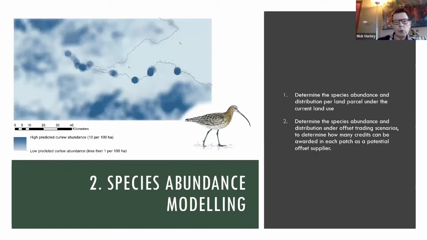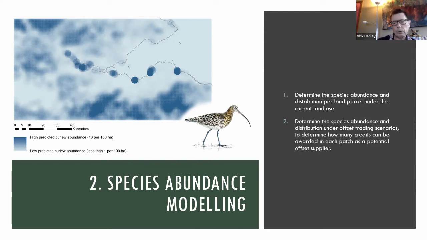The ecological model we're using, and I'll come back to the data sets in a minute, is basically saying, how does land use change at the parcel level, and our parcels are 1 kilometer grid squares, affect the abundance of a specific species as a function of the land use characteristics in that parcel and land use characteristics around that parcel?